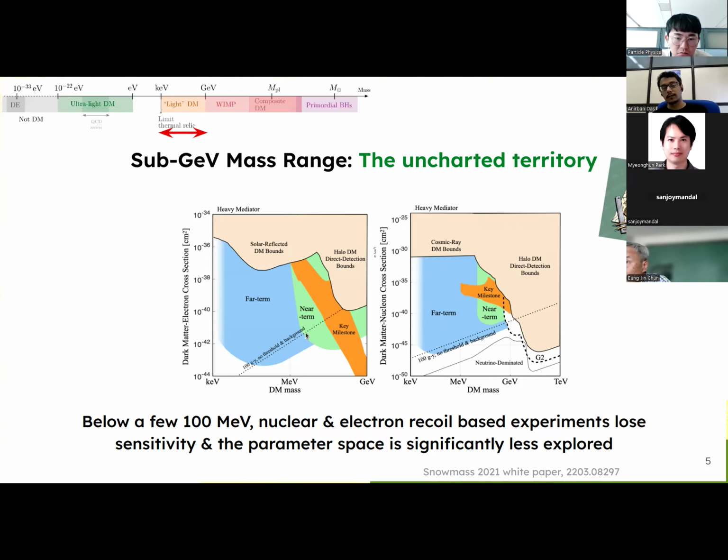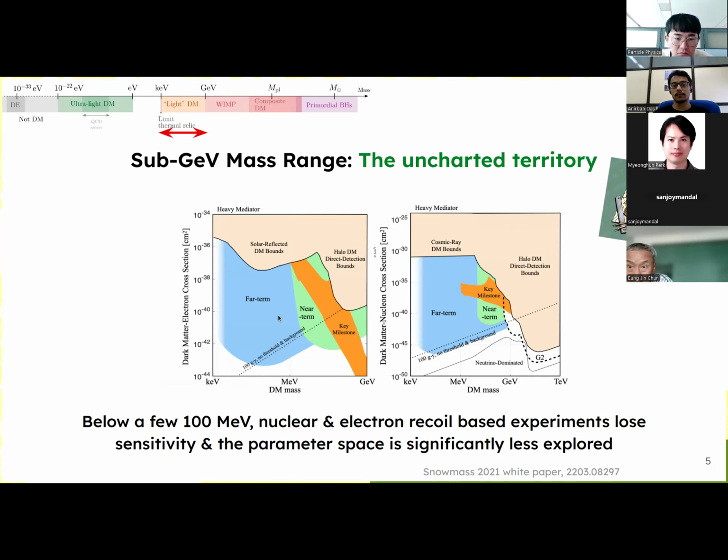But for the last few years, or maybe several years, there has been an explosion of ideas to do experiments in this light dark matter, sub-GeV dark matter regime. And this is what is shown here in this plot. So this green region is the near term. Near term means maybe we can explore this part of the parameter space within 5 or 10 years.